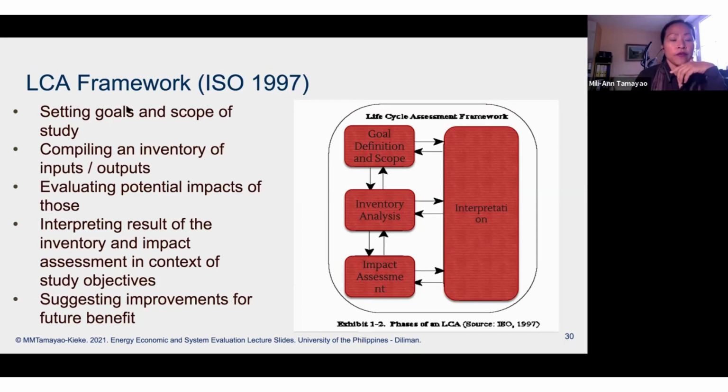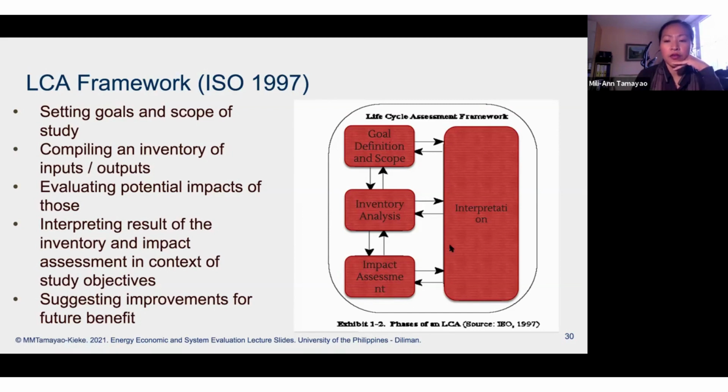Okay, so yung framework, it includes setting the goals and scope of the study. Ito yun. Compiling an inventory of inputs or outputs, so inventory analysis. Evaluating potential impacts of those, so that's impact assessment. And then interpreting results of the inventory and impact assessment in context of the study objectives. So this is the one.